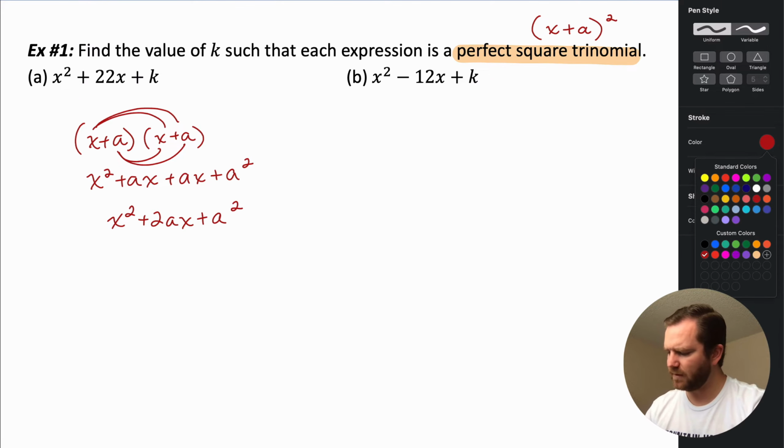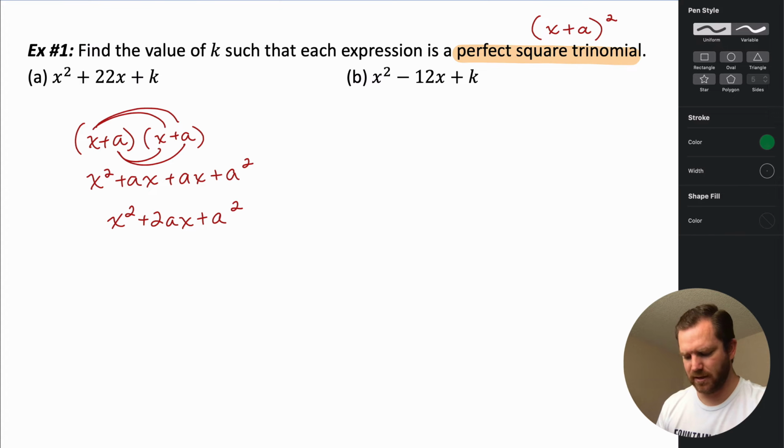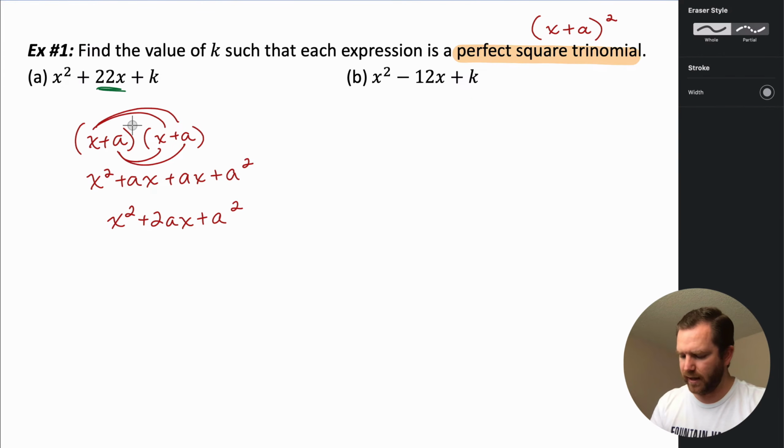Now if we try to equate terms, this term is equivalent to this, and a squared is equivalent to k. If I can find a, I can then just square it to get this term. So what is the relationship between a in the 2ax and in the 22x?